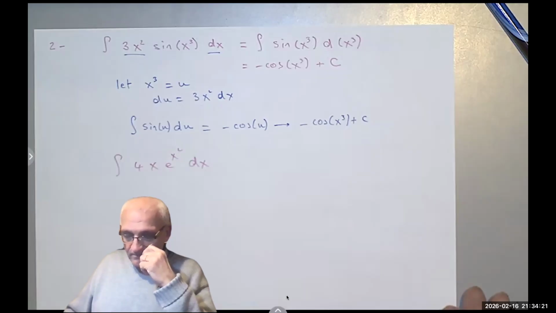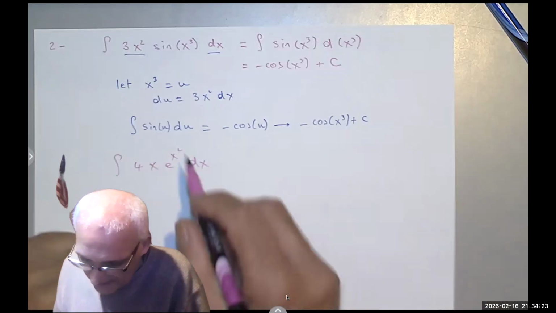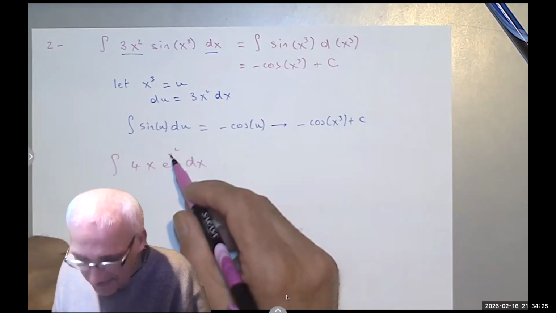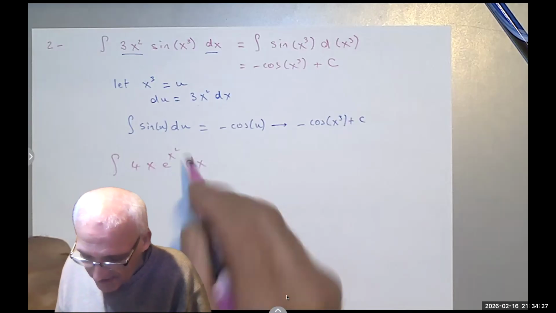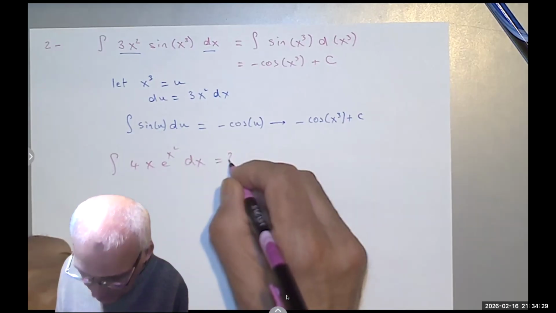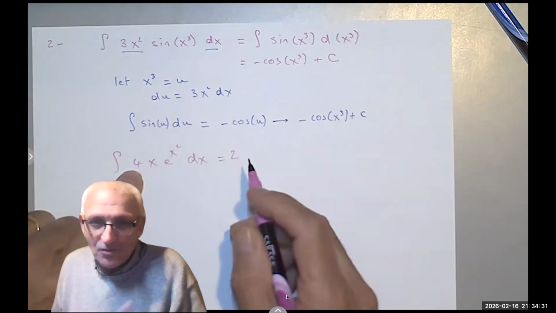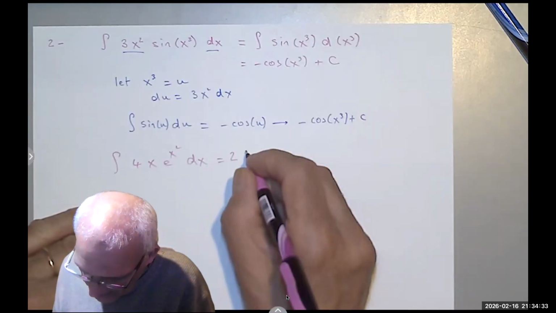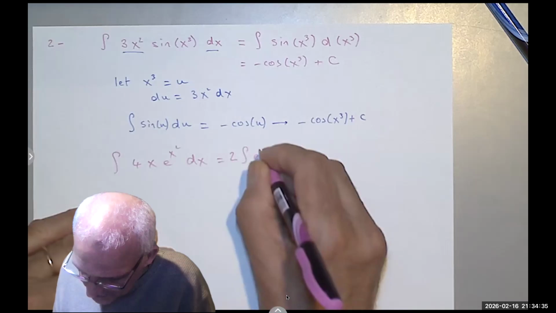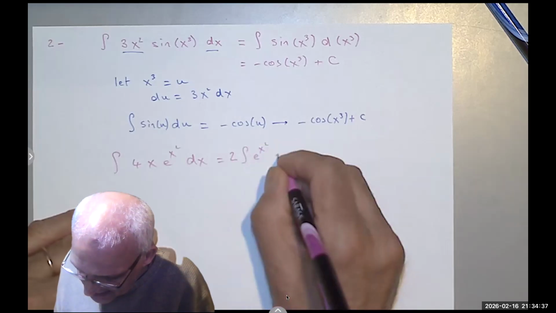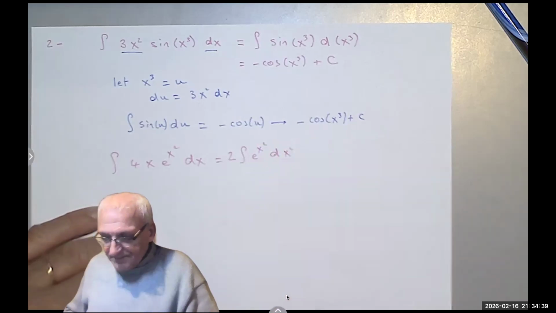Okay, I would say, well, the derivative of x squared is 2x. So I can write this as 2 because I have 4. I only need 2x. The integral of e to the x squared dx squared.